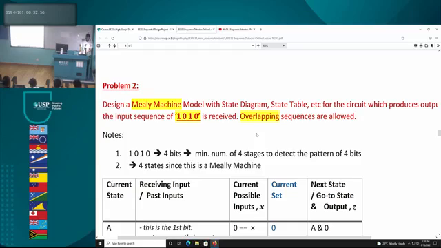Overlapping sequences are allowed. All right, okay, let's go ahead.